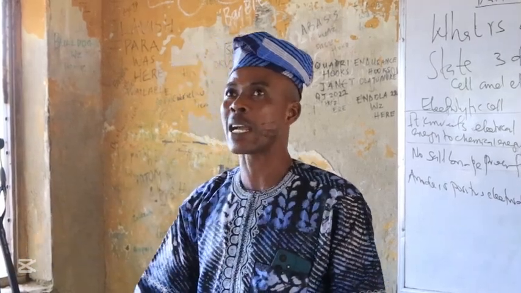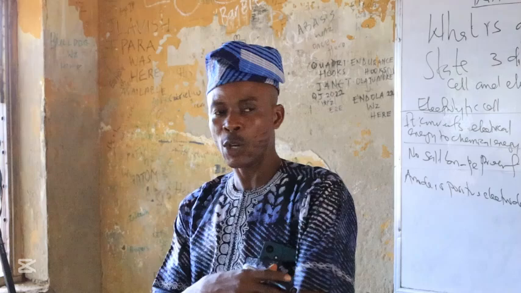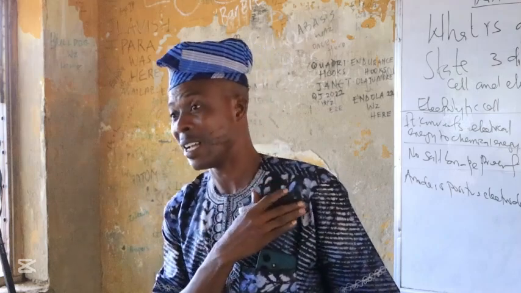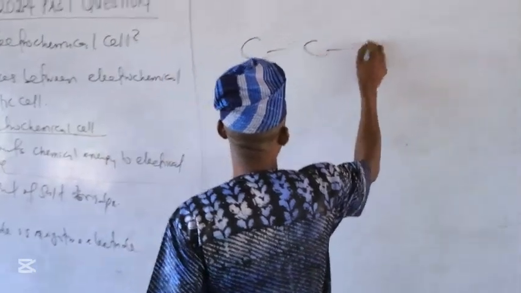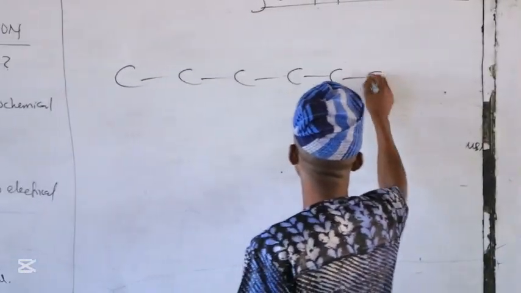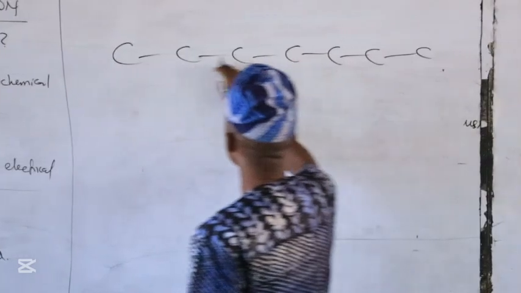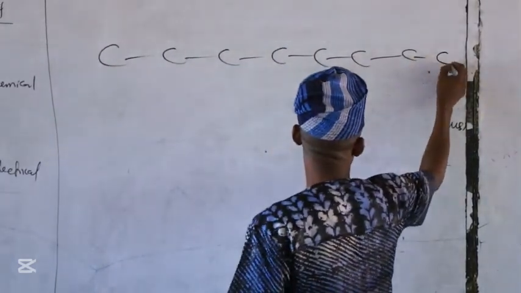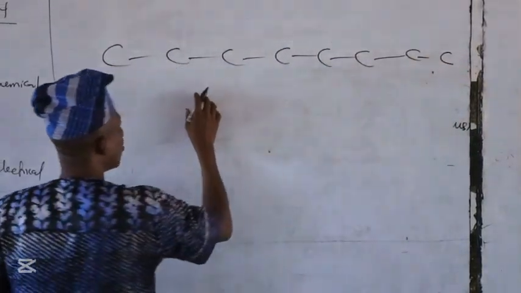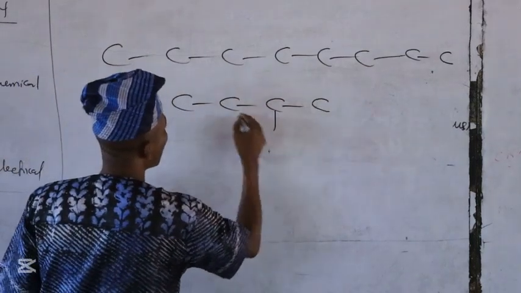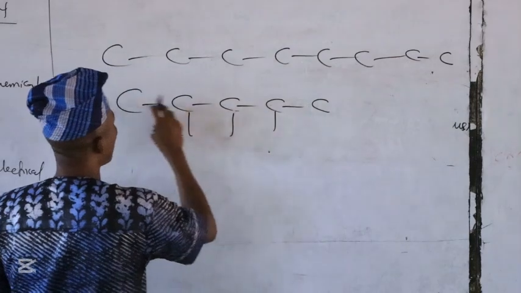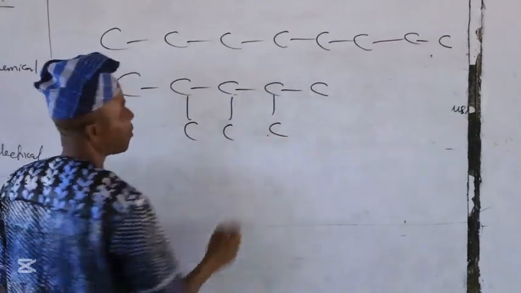You have a petrol that has long chain hydrocarbon. There's a carbon to carbon, carbon to carbon like this: 1, 2, 3, 4, 5, 6, 7, 8. By the time you reduce it to a branch, this one now, 1, 2, 3, 4, 5.